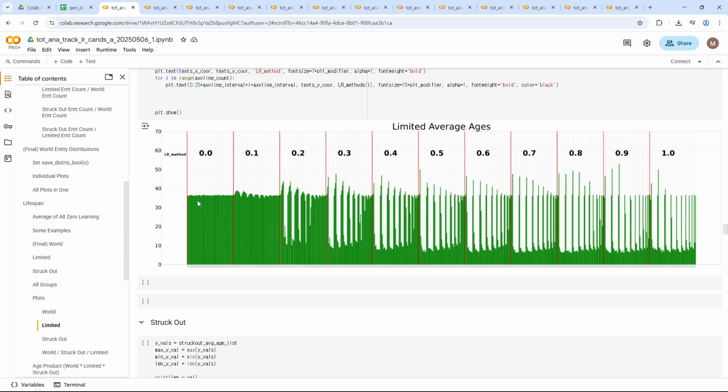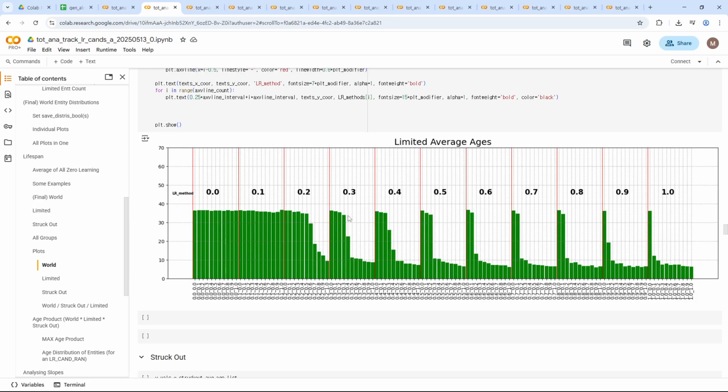Anyway, we start at these flat plains, and then we start hitting these chasms, which is somewhat similar here as well. But keep in mind, we're using the proportional tail as the candidate method here.